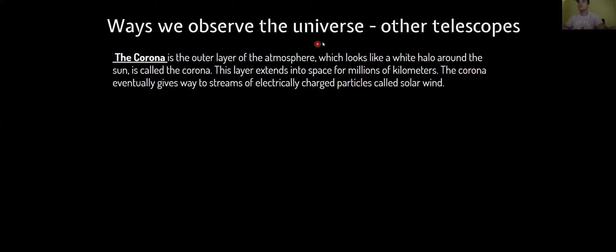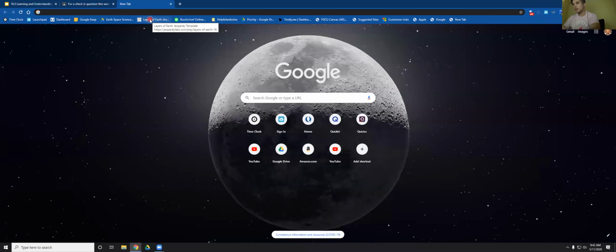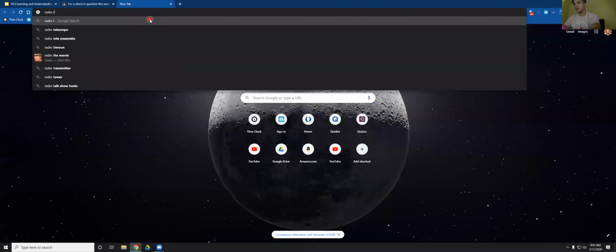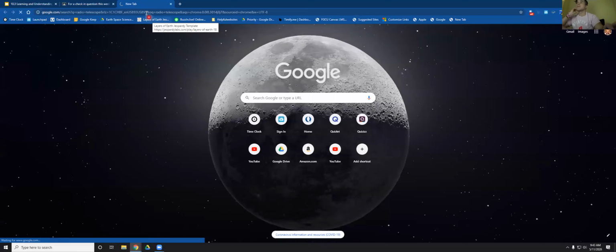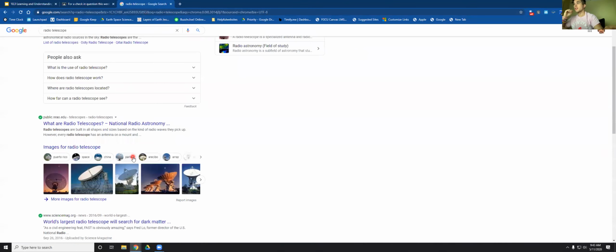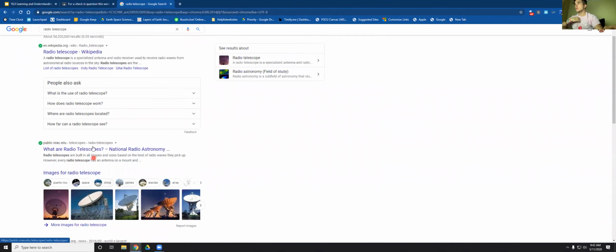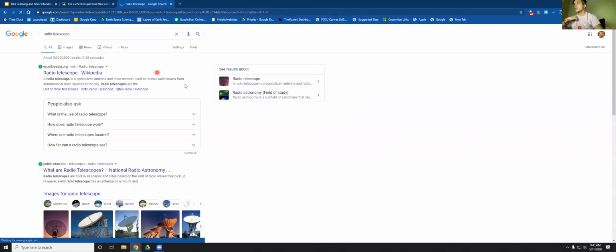And here, just so you guys can get the whole thing, I'm gonna go real quick and type in radio telescopes. Hopefully something good pops up. Yeah, they're like these giant telescopes. Let's see if I can get a picture that's taken.